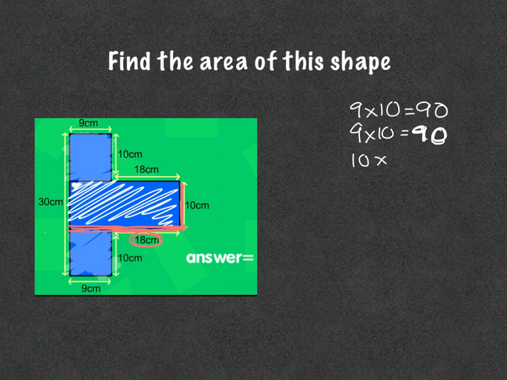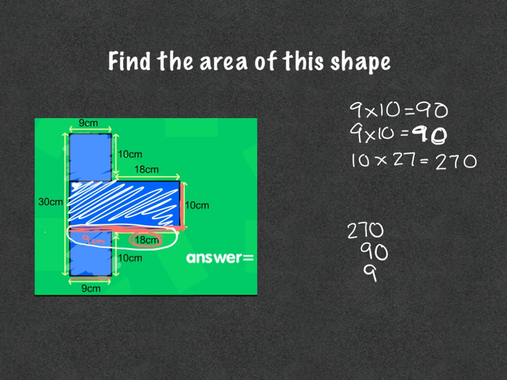This is 18. If this rectangle has 9 from here to here, that means this part is also 9 centimeters. That means that this section right here is going to be 9 plus 18, which is 27. So that's 270.